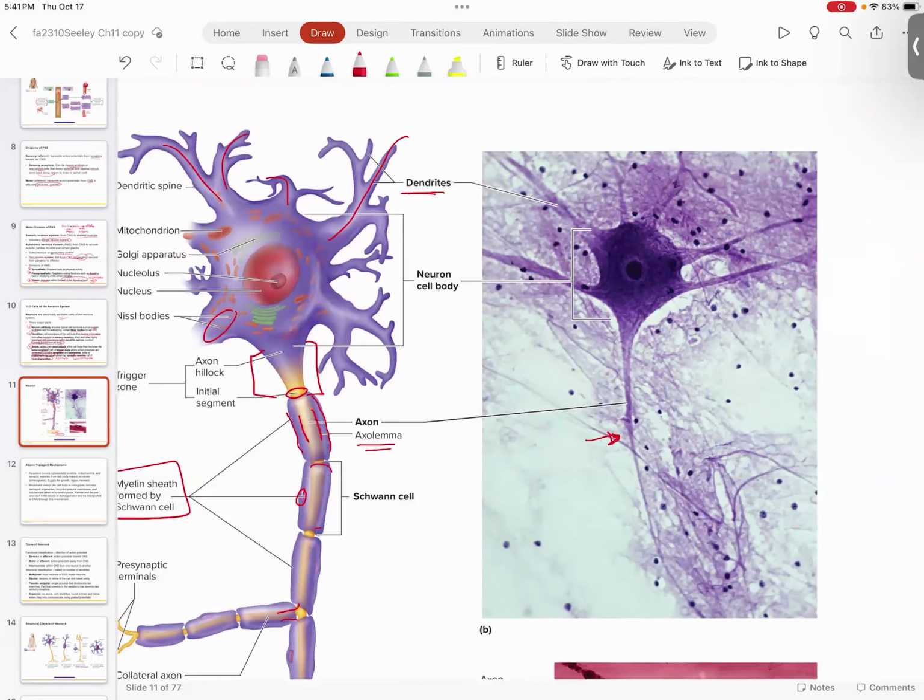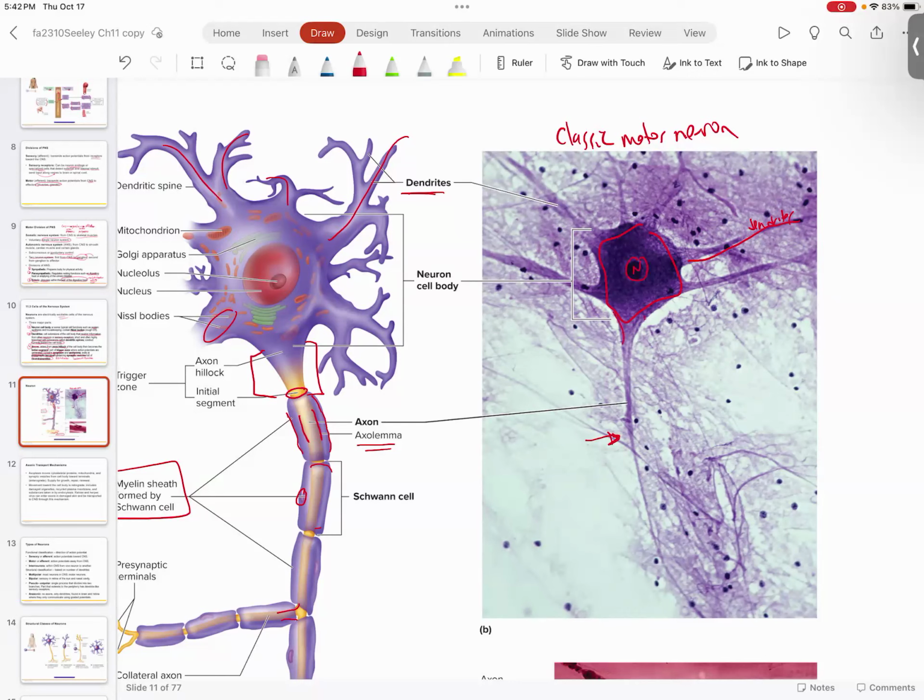So this is basically what a neuron looks like. This is a classic motor neuron. That's what a classic motor neuron looks like. You can see all these dendrites that are coming in to the cell body, which is this big guy right here. There's your nucleus.